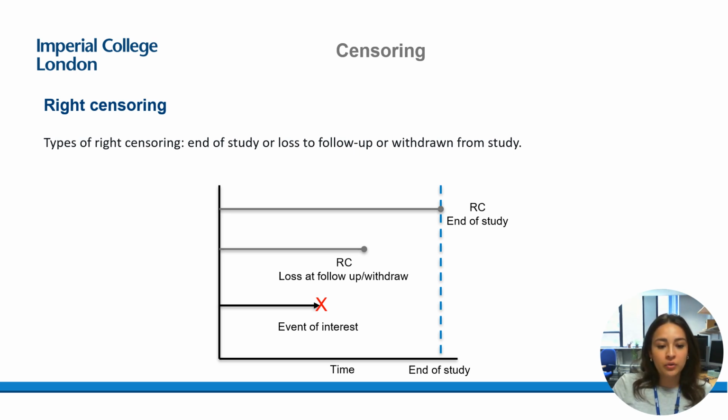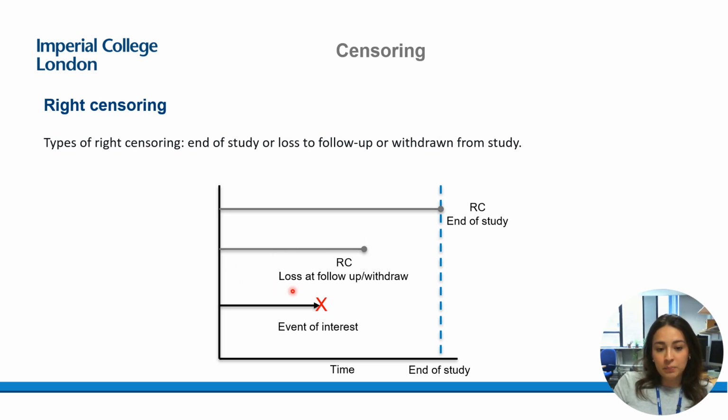So let's go through this graph in a little bit more detail. For example, this person over here, we would say is right censored because they entered the study and they survived. So for example, let's say we are looking at mortality and this person has survived all the way to the end of our study. So we would say they didn't experience the event, so that person is censored. We also have another scenario here.